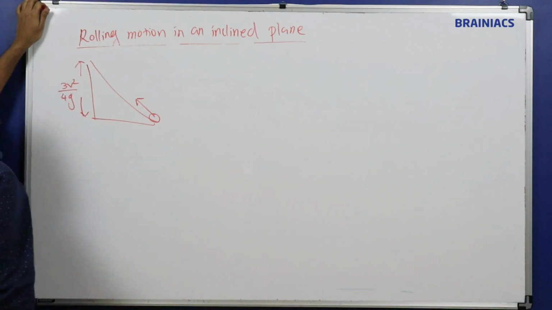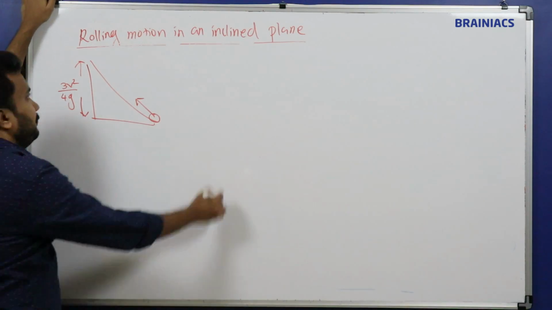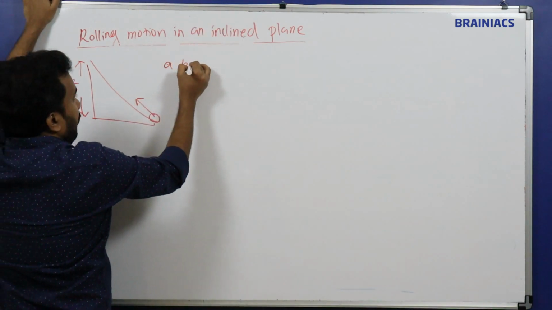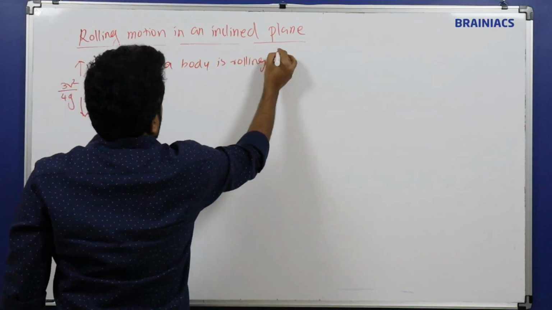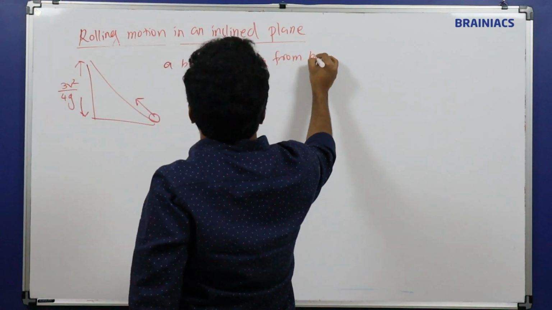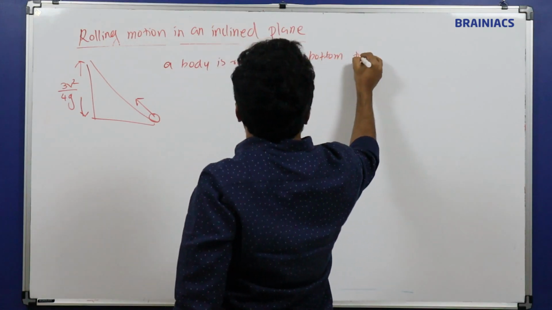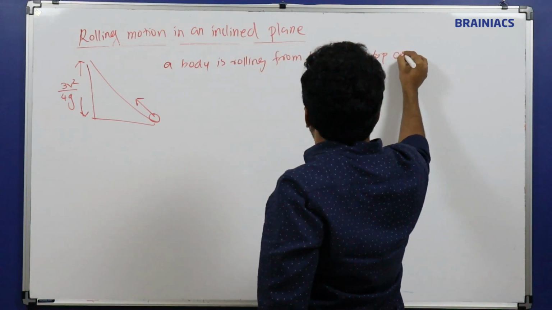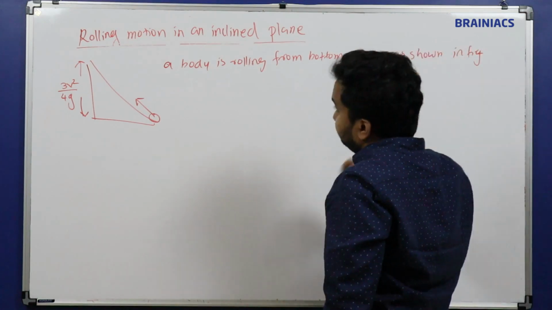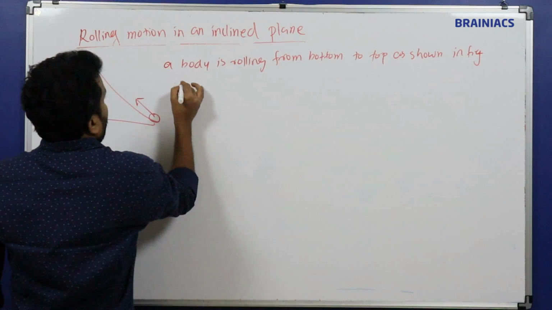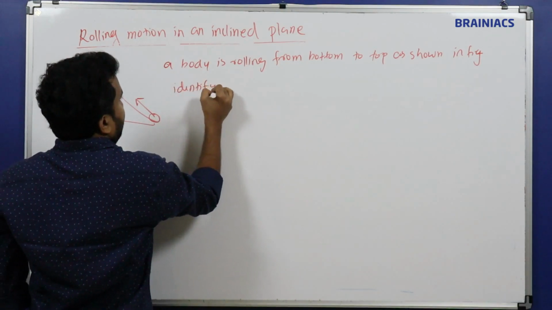This is an inclined plane whose height is equal to 3v square by 4g. A body is rolling from bottom to top as shown in the figure. Identify the body.